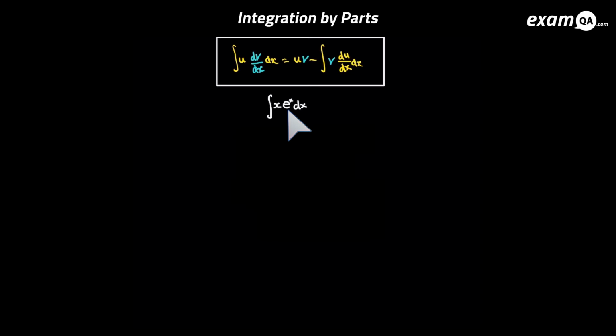So how are we going to choose who's going to be u and who's going to be dv dx? Usually we let the part which is easier to differentiate be u, and the part which is easily integrated be dv dx. So we're going to choose x to be u, and the e to the x can be dv dx.